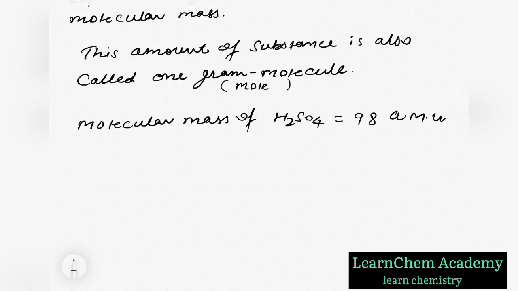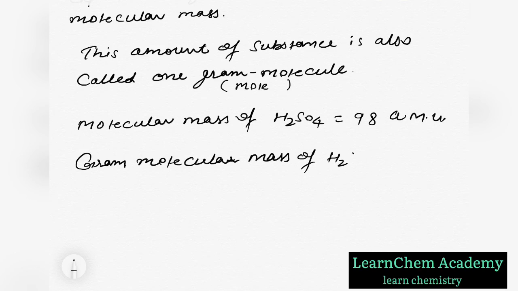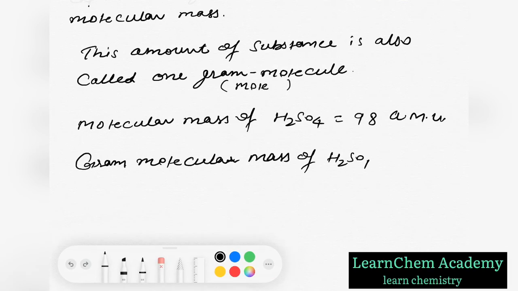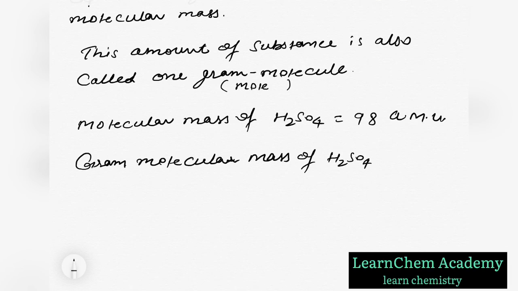Their gram molecular mass, the gram molecular mass of H2SO4, will be 98 gram.